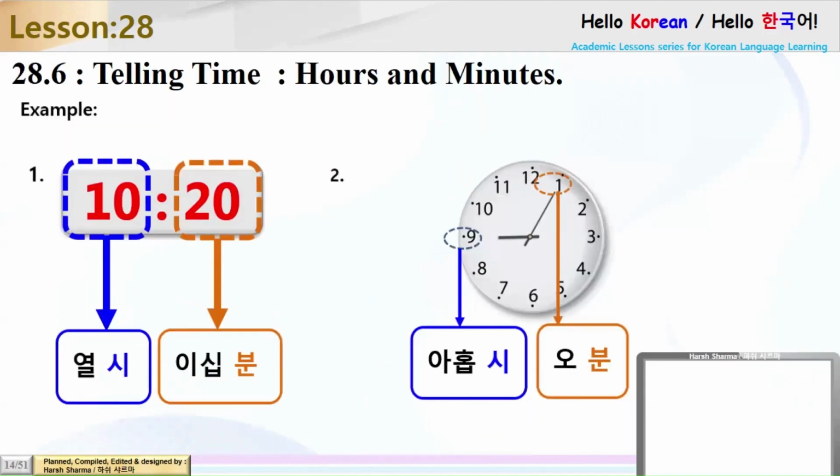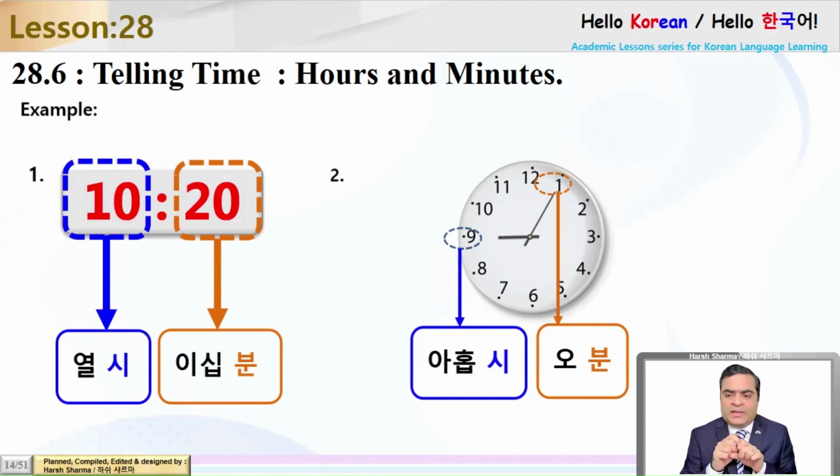Now let's do some exercise, everyone. How? See the first example. Time is 10:20. How to express this time in Korean? For the 10, the native Korean number is yol. And for hours, we have to write shi. So 10 o'clock will become yol shi. And for 20, we have to use a Sino-Korean number.